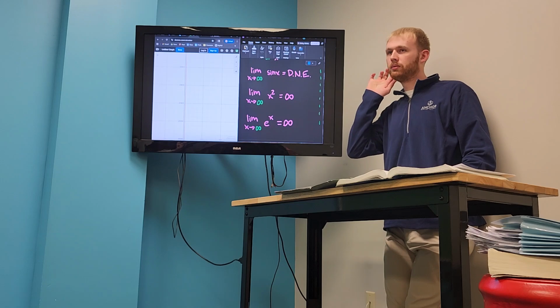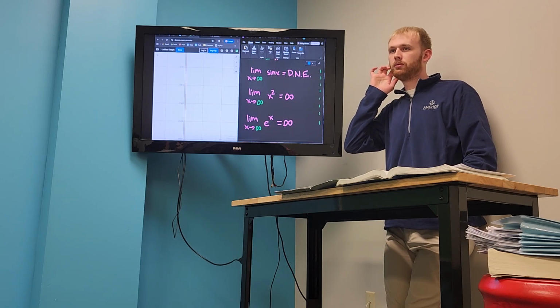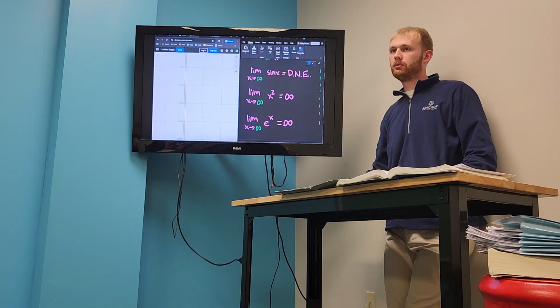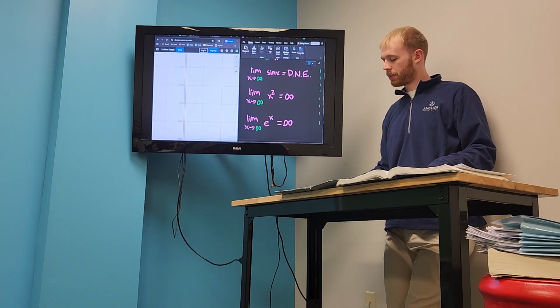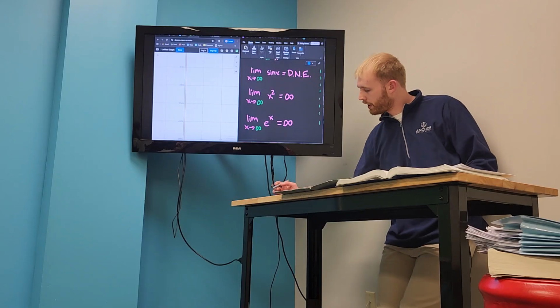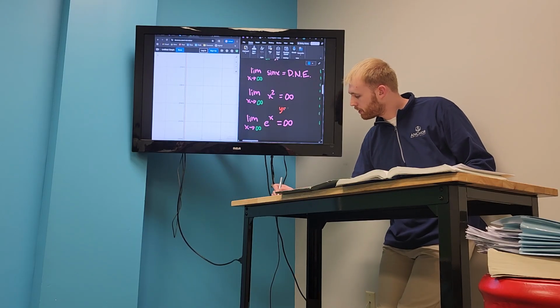Take the natural log of both sides. If you take the natural log of y equals e to the x, you get natural log of y equals x times natural log of e.